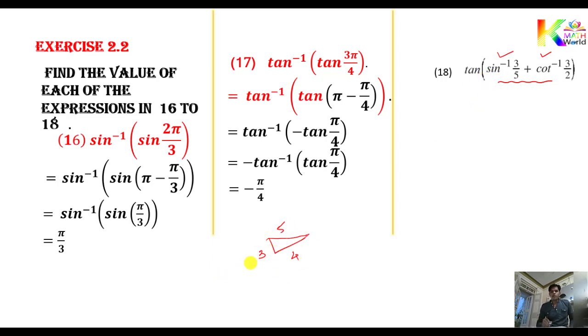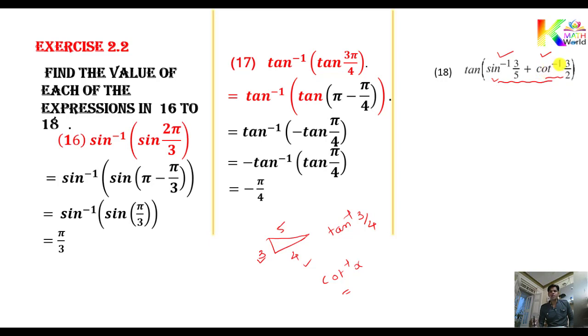If you want to write this value in terms of tan inverse, we write tan inverse of opposite over adjacent. So the value is tan inverse of 3 by 4 for this first one. Same way for cot inverse, we have the formula for cot inverse x that can be easily converted into tan inverse. You have two formulas for this, x greater than 0 and x less than 0.